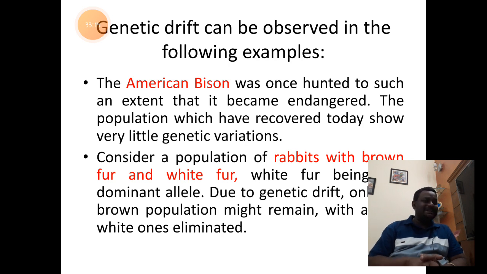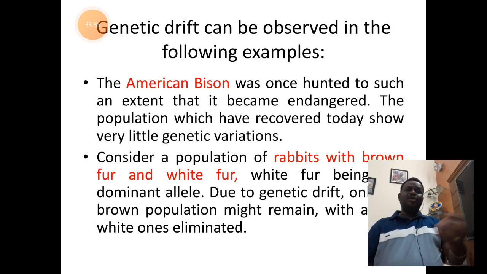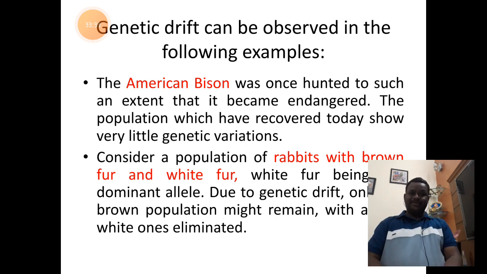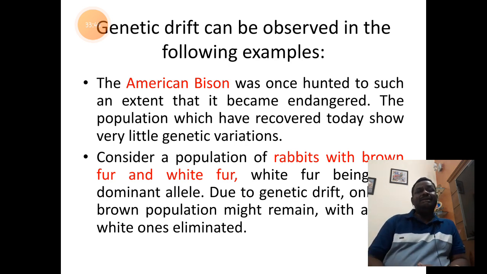So this is called genetic drift. Similarly, among a rabbit population of brown and white fur, even though white is the dominant allele, it is not selected by nature, but the brown one is selected by the phenomenon called genetic drift. There is a rule in Mendelian genetics that dominant should be selected, but here it is not so. Genetic drift acts upon the population.